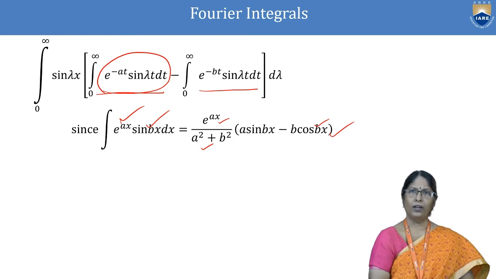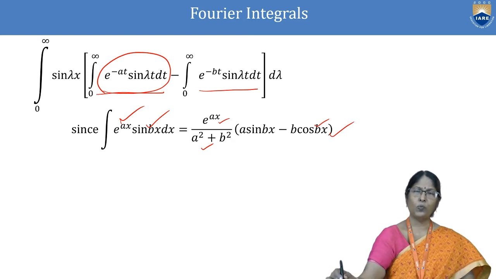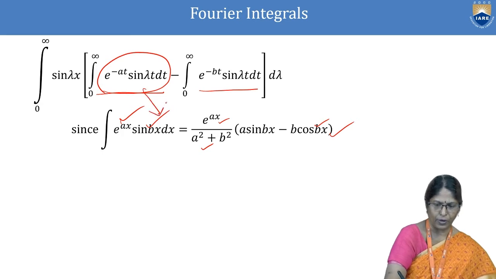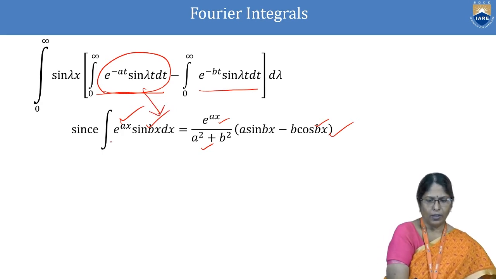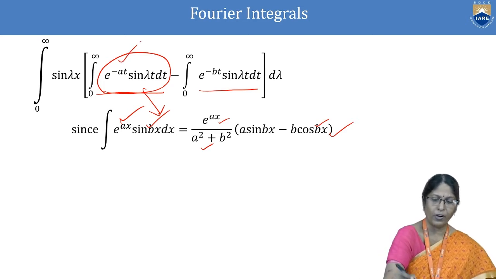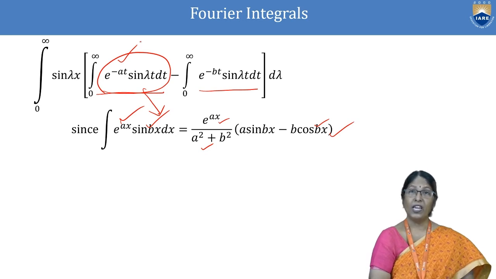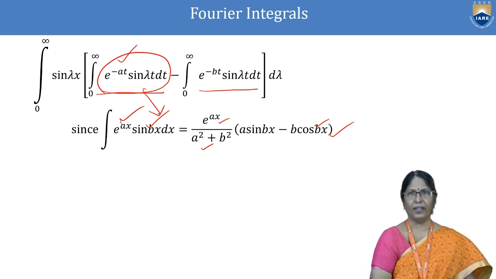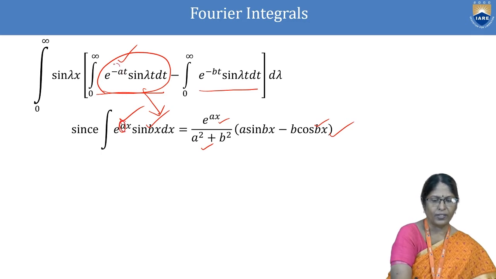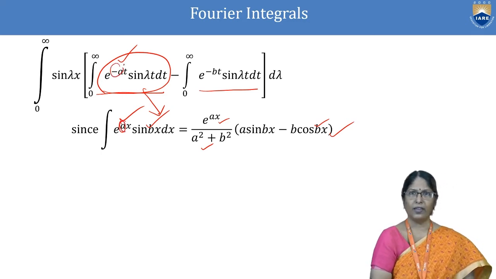This formula we will compare with our problem. In the formula it is e^(ax), but in our problem it is e^(-at). The meaning is that in the formula a is there, whereas here minus a is there.